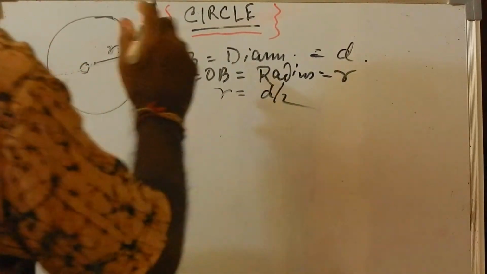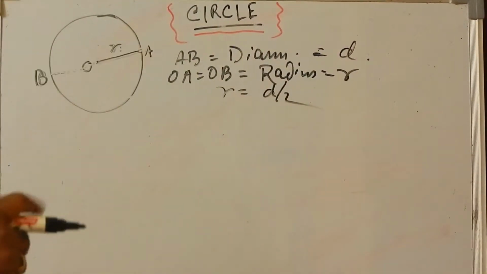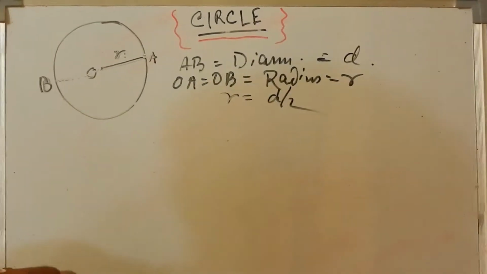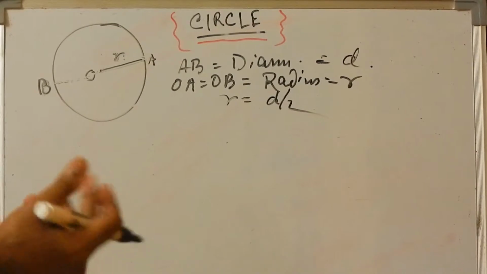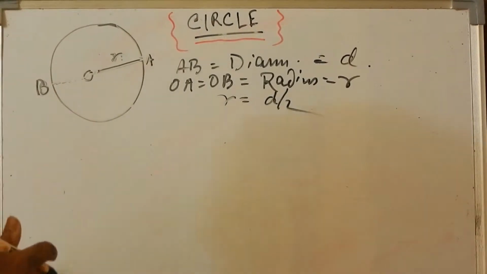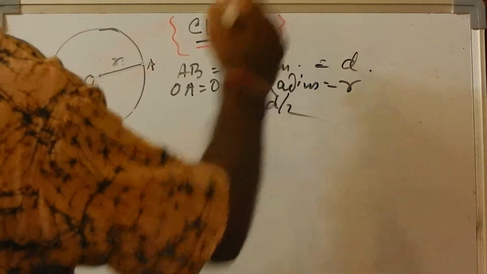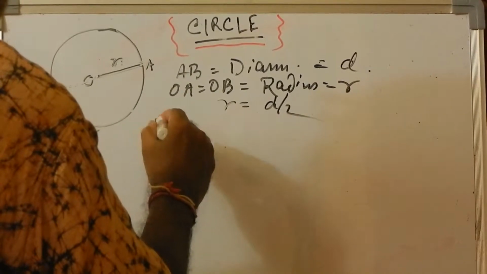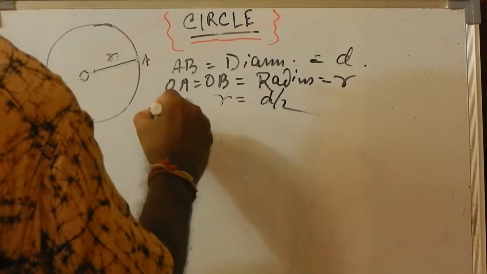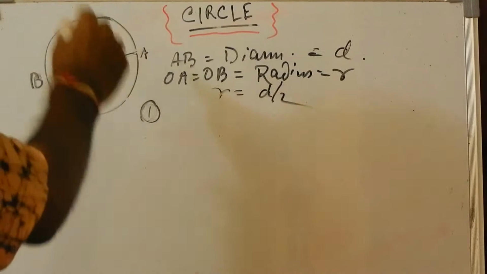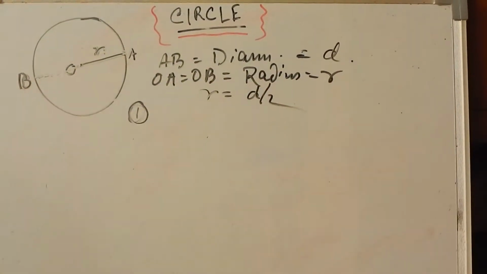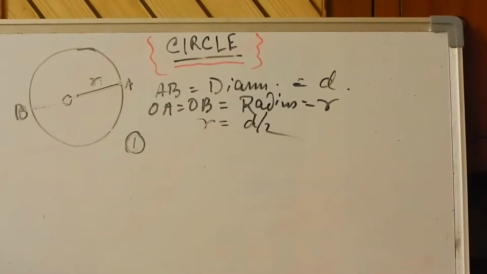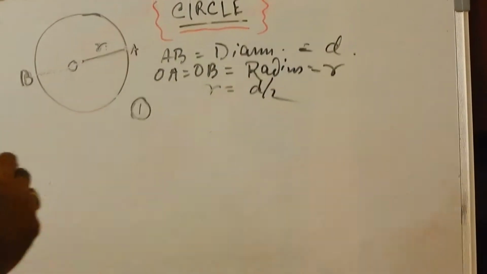Now in case of circle, the formulas are not very numerous. There are 2 or 3 formulas you can just memorize, that are to be used in the sums. Number 1, the perimeter or periphery of the circle, or circumference of the circle.